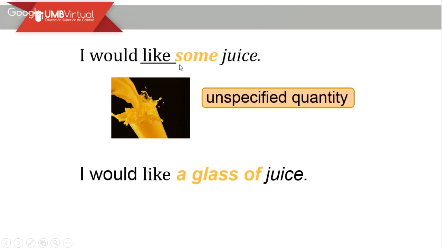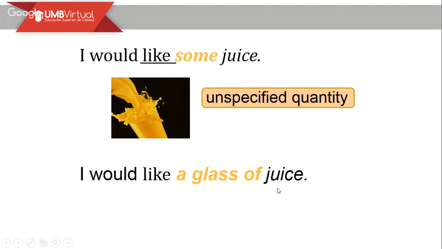Recordemos acá el uso de some, as we have it right here. ¿Por qué? Porque es incontable. Unspecified quantity es una cantidad que es inespecífica. So we don't have any kind of information. Si decimos un litro de jugo, it's different. We can say a little of juice. But in this part, no.